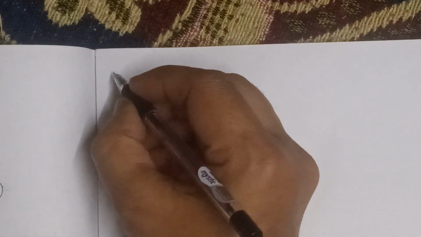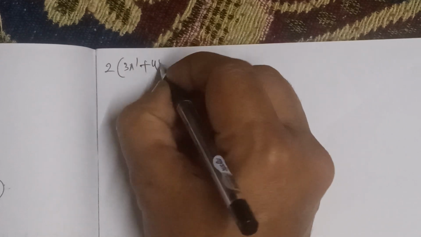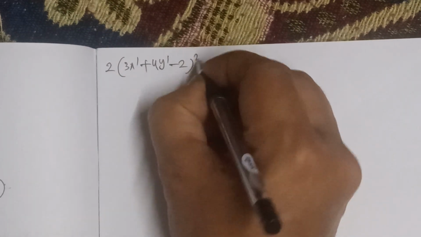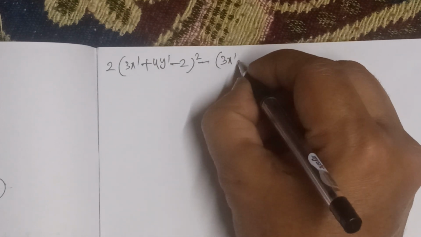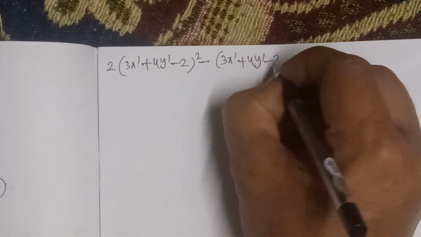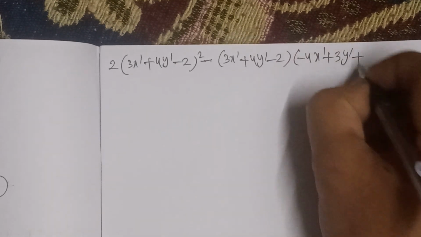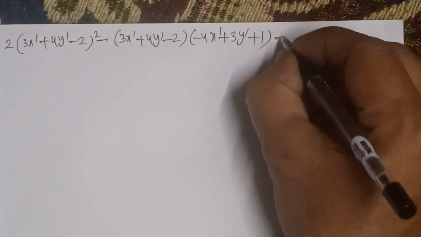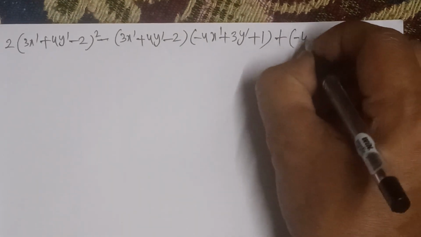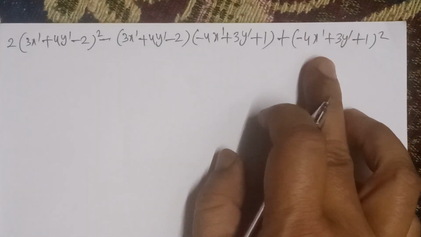Multiplying the whole equation, we get the next equation: 2 times (3x' plus 4y' minus 2) whole square minus (3x' plus 4y' minus 2)(minus 4x' plus 3y' plus 1). The next term is plus (minus 4x' plus 3y' plus 1) whole square.